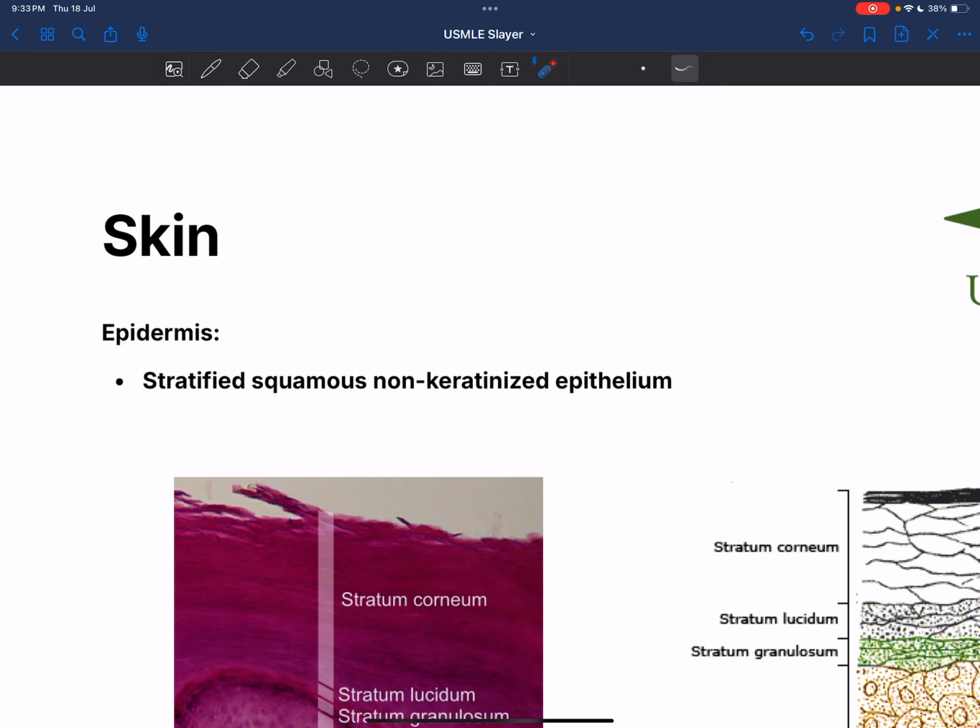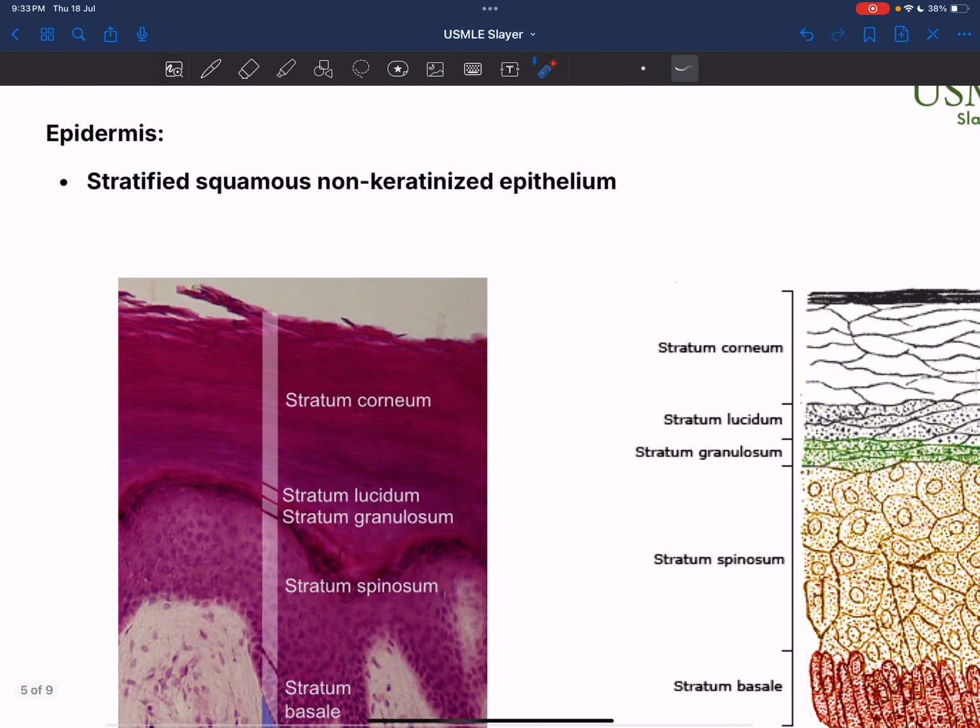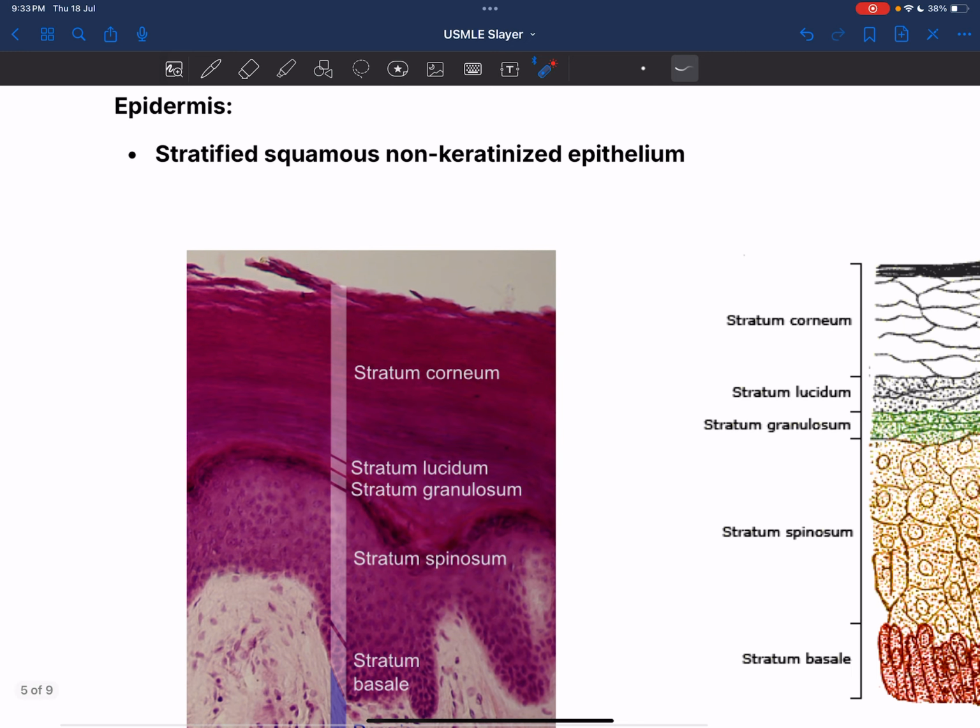So it is very expected in your USMLE exam, and it's very high yield as well, that there be a question, for example, about cirrhosis asking which layer of the epidermis is thickened and which layer is thinned. We will be talking about that in the cirrhosis module, but we will also talk about it a little bit here. So as I already said, epidermis has 5 layers before we get to the dermis.